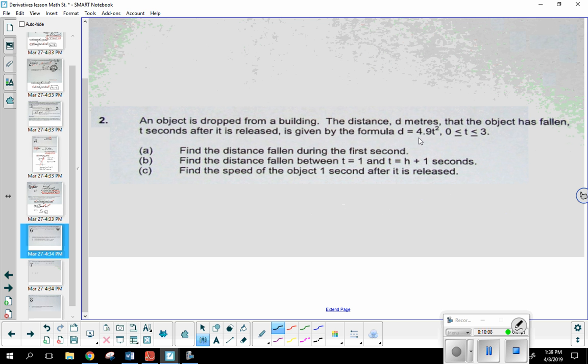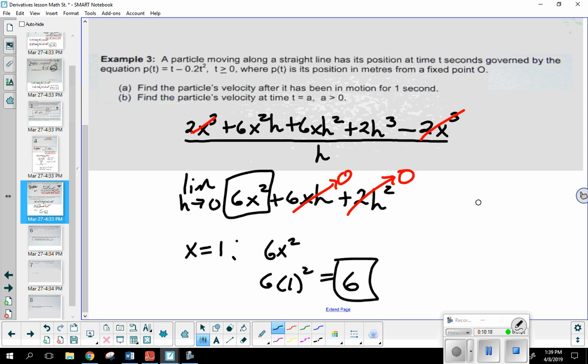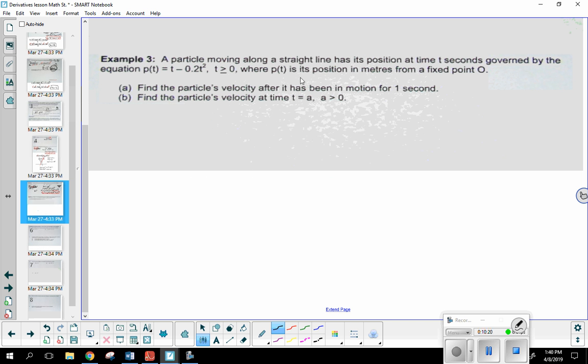Ours is a particle moving along a straight line. Maybe I'm looking at the wrong one. Oh! That's why the work I did there for part A, I just immediately thought that was a problem we already did. That's why I skipped to it. Oh, okay. See, if nobody had said anything, we would have done the problem on the homework. Dang. Okay, so now we're on the right problem.